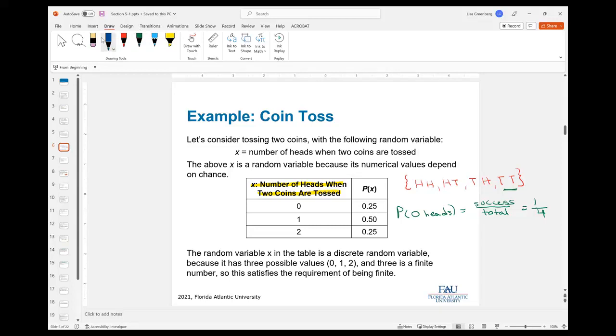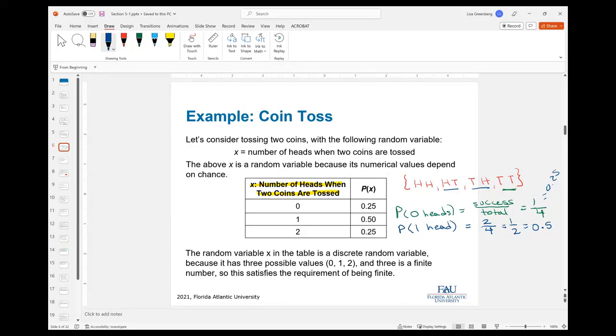Let's use blue. The probability of getting 1 head is going to equal 2 out of 4, which is 1/2, which is equal to 0.5. I should put here 0.25.